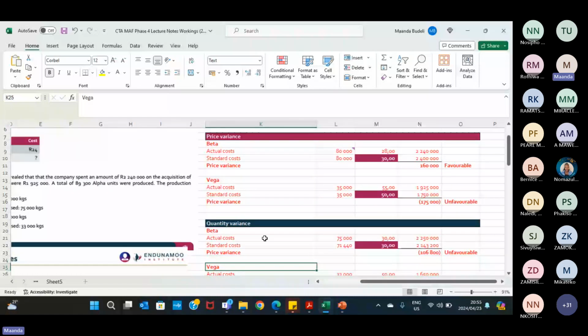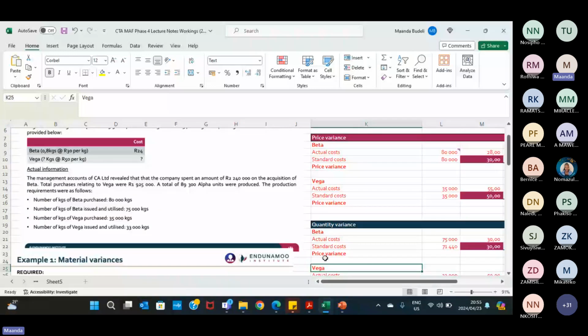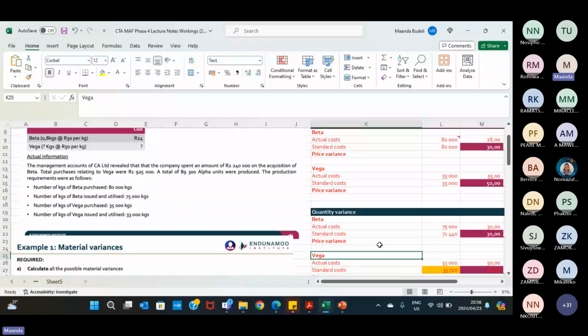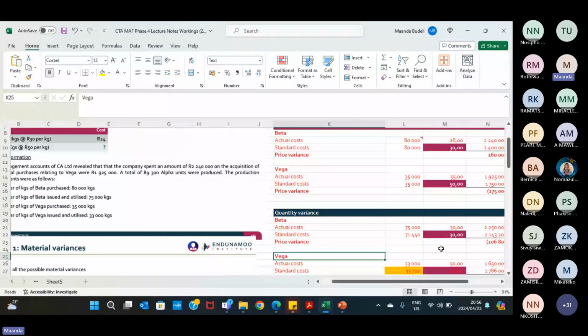Then we go to Vega, right? It's quantity. So if I'm saying it's quantity, I'm not worried about the price. So I can't use actual price because actual price has its own variances. There's changes, they went to the wrong suppliers. So I'm keeping it with my standard price. So I'm going to say these are my standard price. I'm going to then talk to the actual usage. So my standard price here was 50, which is the 50 for what? For Vega. So we use 50.